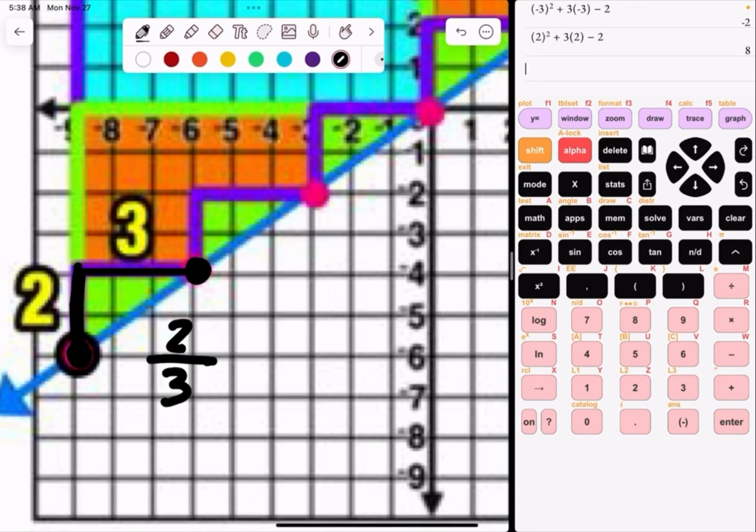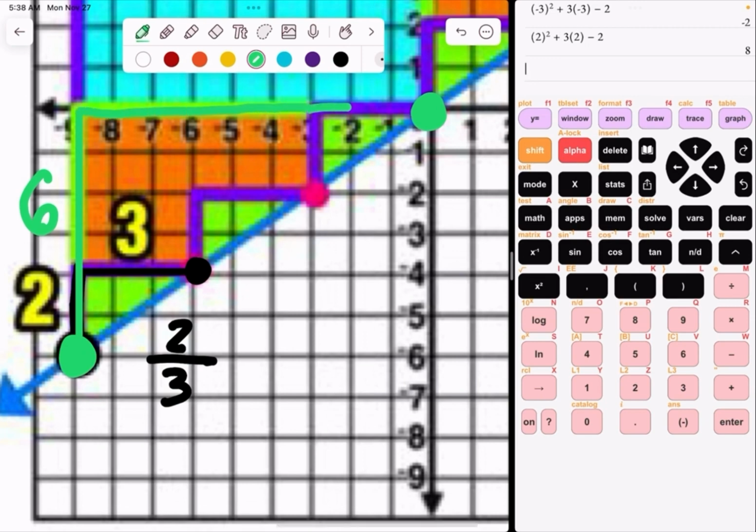Now sometimes I might not recognize those 2 points. Maybe I recognize points that are further from each other. That is totally okay. Maybe I recognize these. Those are 2 real points. How much should I go up was 1, 2, 3, 4, 5, 6. And to the right was 1, 2, 3, 4, 5, 6, 7, 8, 9.